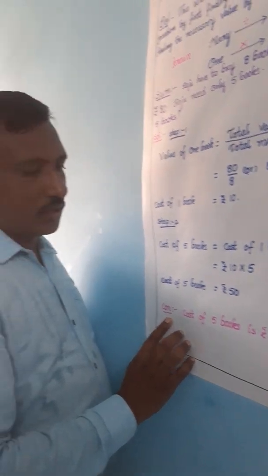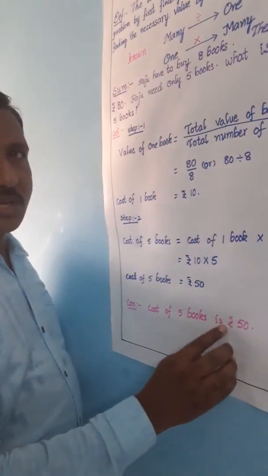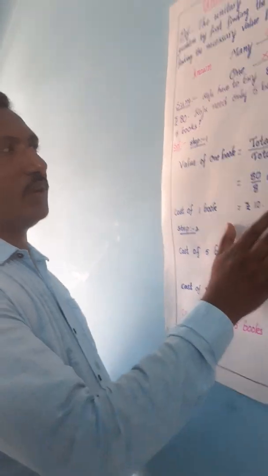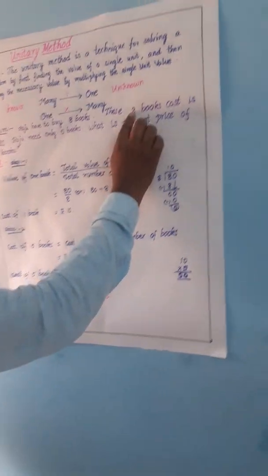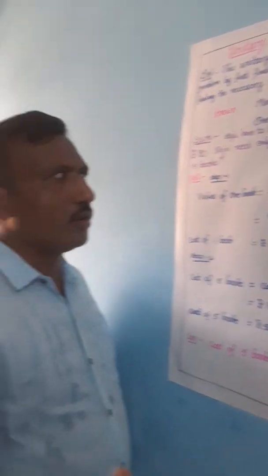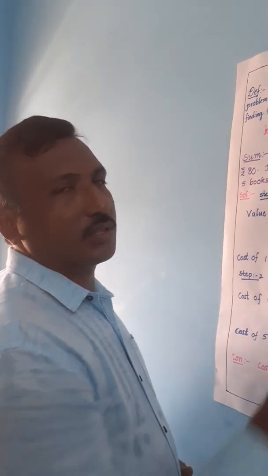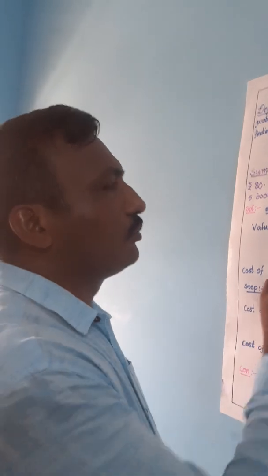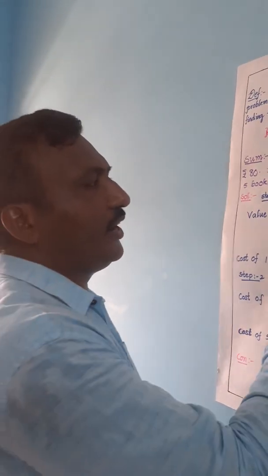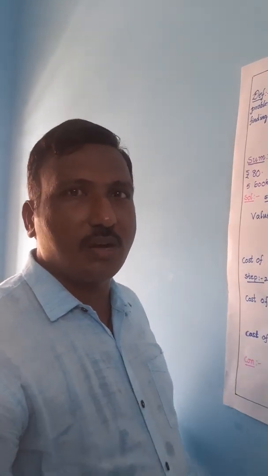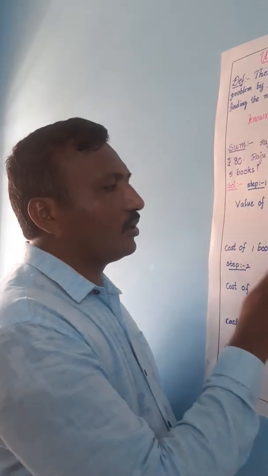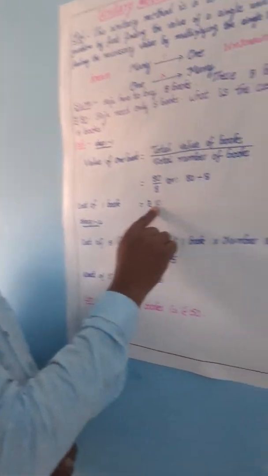So conclusion, the cost price of 5 books is 50. Here in this one, what we know only is the cost price of 8 books is 80. What we don't know is the cost price of one book. So by dividing, we got the cost price of one book, which is 10 rupees.